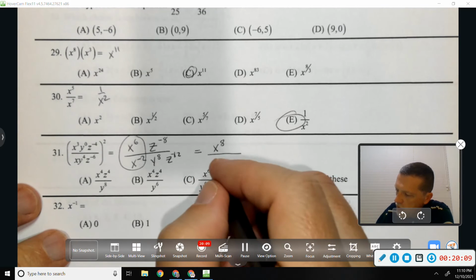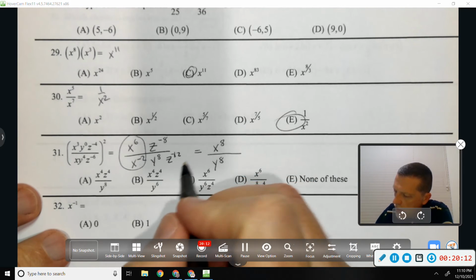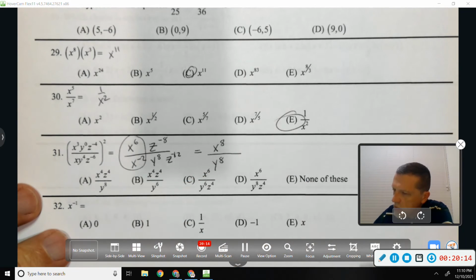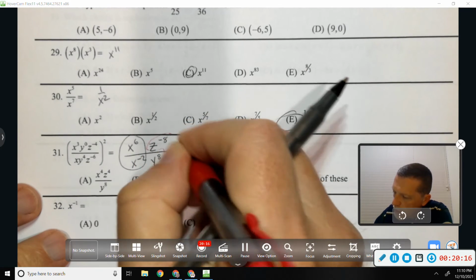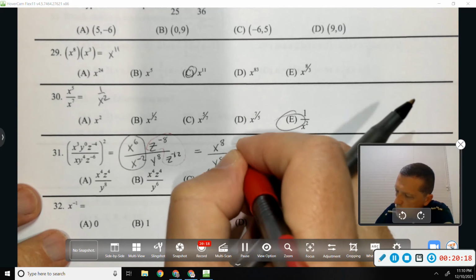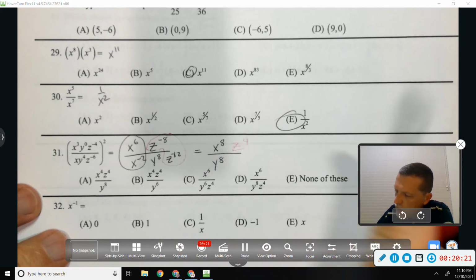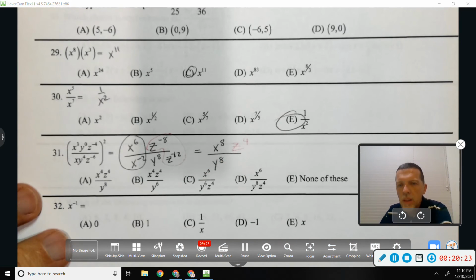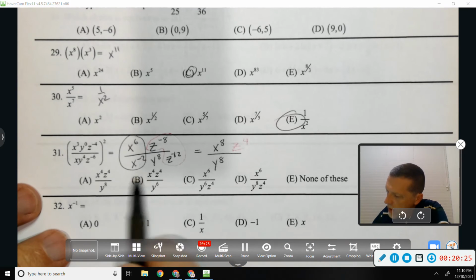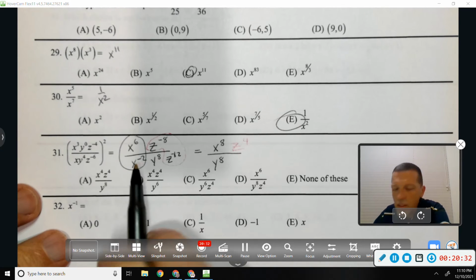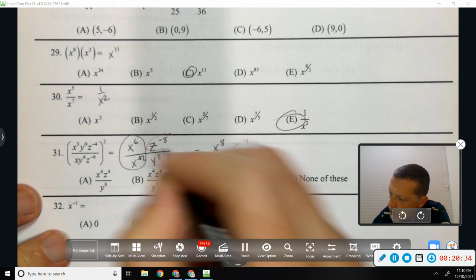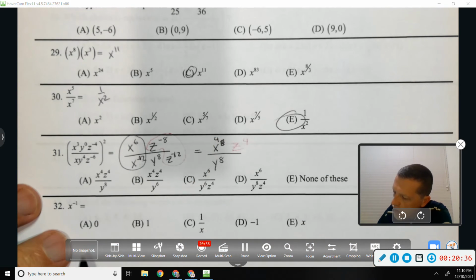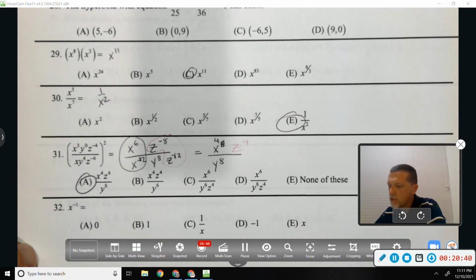The y to the 8th is going to be stuck in the bottom. And if I move my z's around, carefully, I end up with z to the 4th in the top. So x to the 8th, uh-oh, I don't see it there. That messed something up. Oh, that shouldn't have been a negative 2 down there. That should be a positive 2. And then 6 minus 2 is 4. X to the 4, z to the 4th over y to the 8th. There it is. First one.